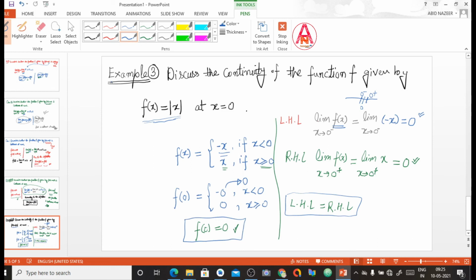So the function's value is coinciding at x is equal to 0. So we can say that the function is continuous at x is equal to 0. f is continuous at x is equal to 0.